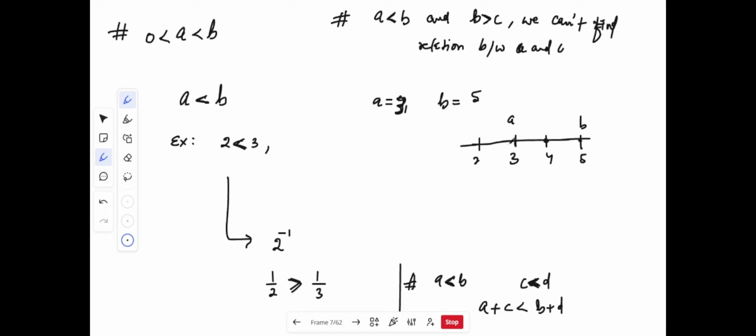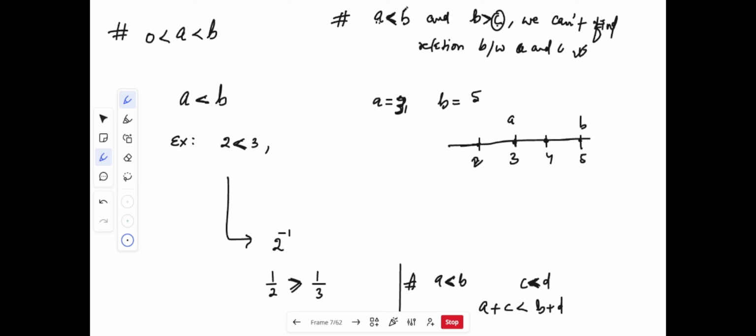It might even be any negative number. Because of this we can't say what exactly the value of c is, so we can't connect a and c. We can't find the relation between a and c if the two inequalities are of different sign.